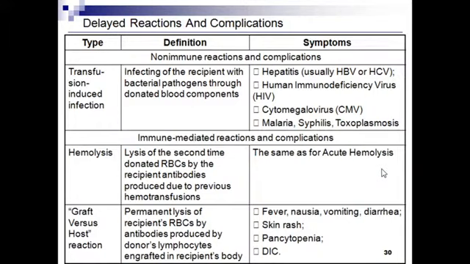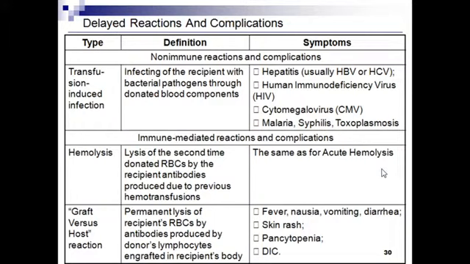Immune-mediated reactions and complications. And the last type of reaction, graft versus host reaction. I mean, permanent lysis of the recipient's RBCs by antibodies produced by donor lymphocytes engrafted in the recipient's body during prior hemotransfusion.